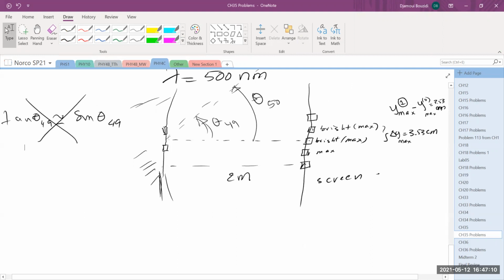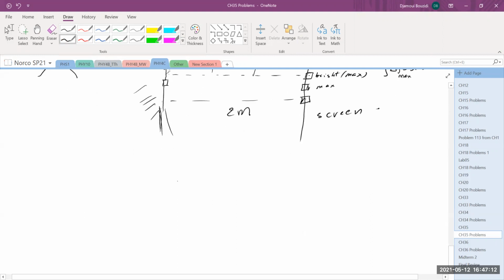So what do we have in here? On one side, this is true all the time, always. d sine theta is equal to m lambda. This is for the bright. This is what we found from the chapter. So this theta in here for the bright, okay?